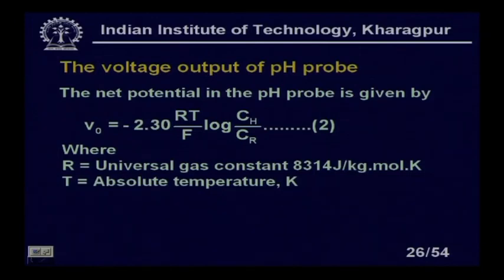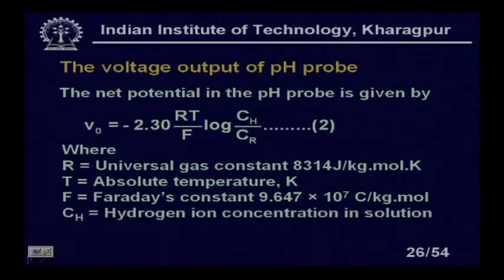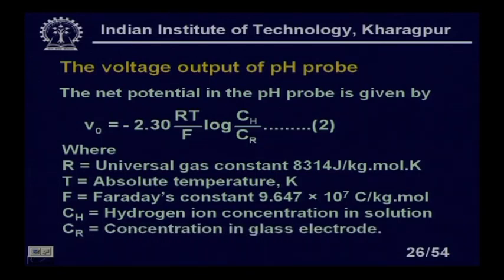T is the absolute temperature in Kelvin. F is the Faraday's constant, 9.647 into 10 to the 7 coulomb per kg mole. CH is the hydrogen ion concentration in solution, and CR is the concentration in the glass electrode. These units cancel out, which is why they are not mentioned.